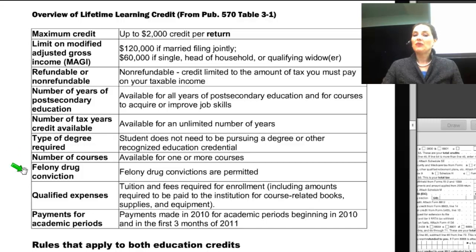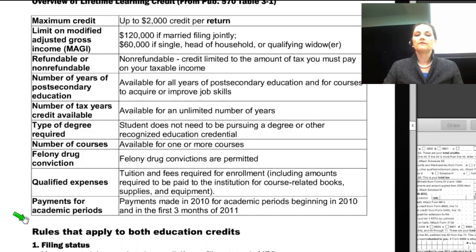Felony drug conviction. Well, that doesn't matter. You can have a felony drug conviction and still qualify for this credit. Qualified expenses. Tuition and fees required for enrollment, including amounts required to be paid to the institution for course-related books, supplies, and equipment. Payments for academic periods are allowed if the payments are for periods that begin in 2010 or in the first 3 months of 2011.